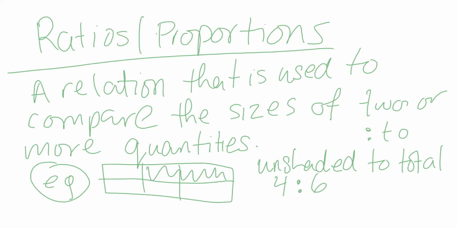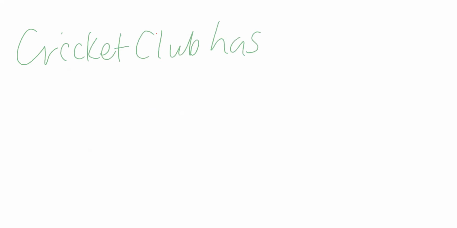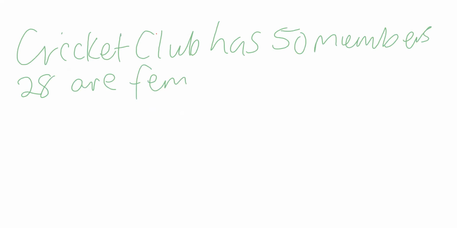So let's move on to a little more exciting stuff, right? If I want to simplify my ratios, but before we get to simplifying, let's do another example. So a cricket club has 50 members, right? 28 are female. So I want the ratio of female to male members. What would that be?